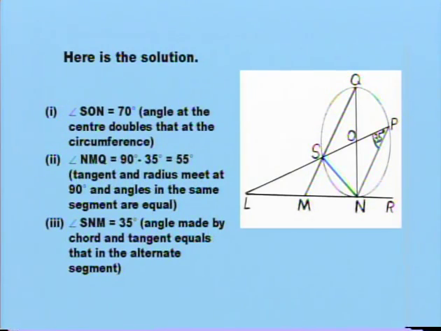Reason? Tangent and radius meet at 90 degrees and angles in the same segment are equal. The third part, angle SNM is equal to 35 degrees. Reason? Angle made by chord and tangent equals that in the alternate segment.